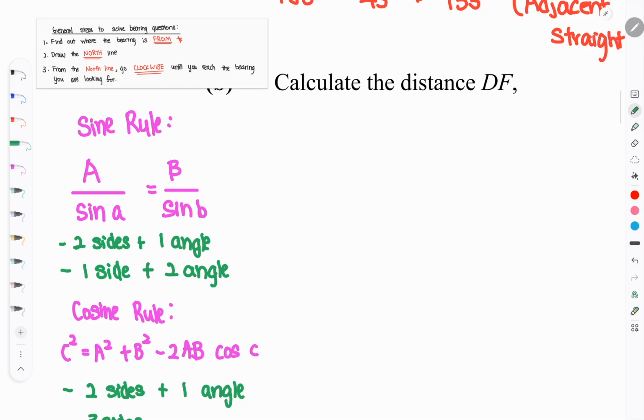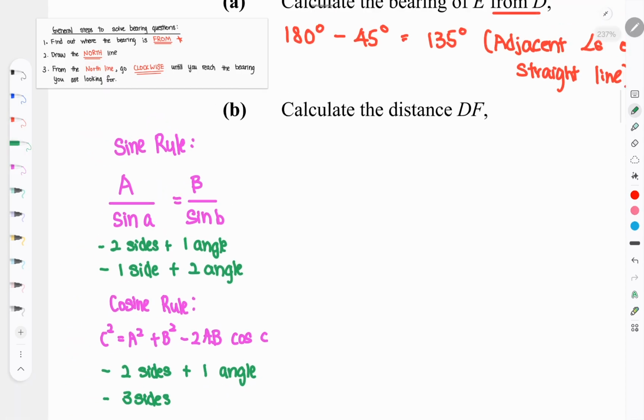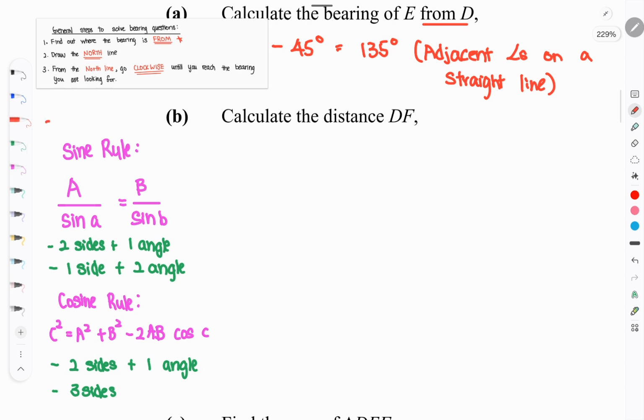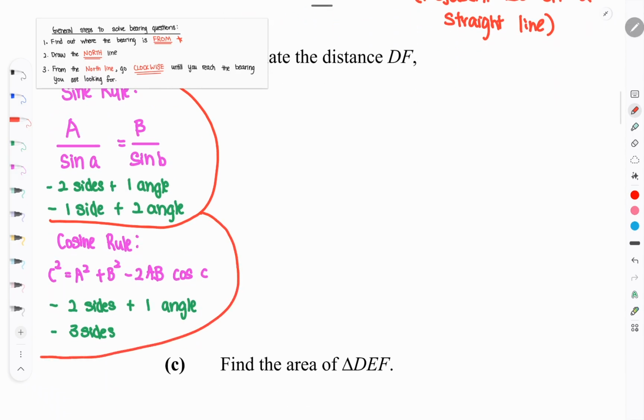Only when I have, let's say, two sides, so I have both a and big B, and one of the angles, I can find my sine A. So based on this, it's just a small recap. Now you know when I can use which of the rules.